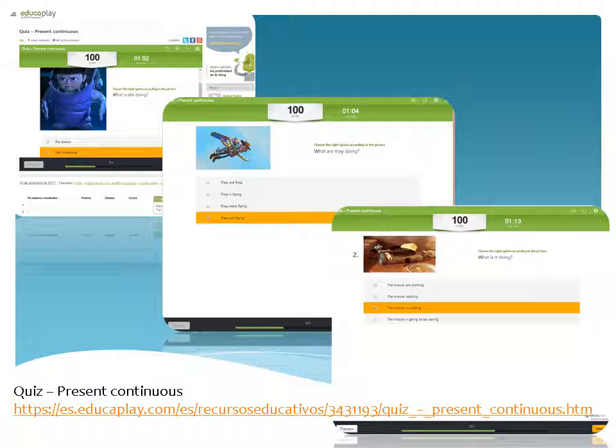So in the first question, for example, on the top left, it says, what is she doing? The answer is she's frowning. In the middle it says, what are they doing? The answer is they are flying. And on the bottom right it says, what is it doing? The little mouse. And the answer is the mouse is cooking.